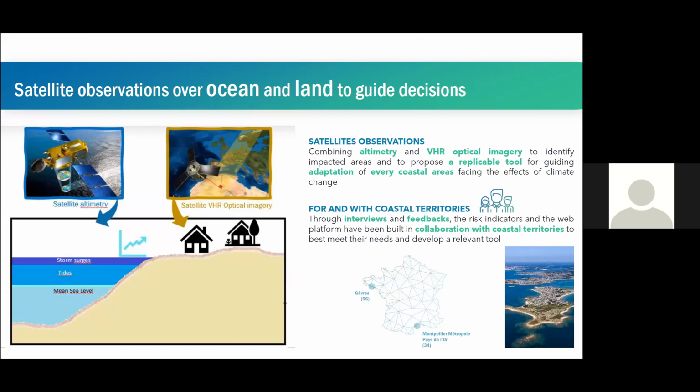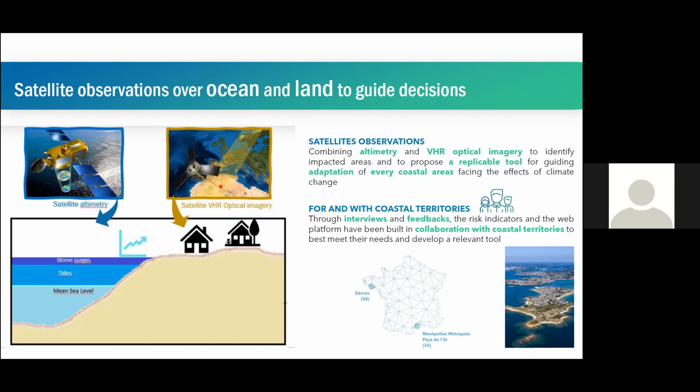So the project Litoscope deals with developing a satellite-based solution to estimate and inform decision makers about the risk of future coastal flooding due to sea level rise and also extreme events on top of this sea level rise. For that, we have combined two families of satellite observation. The first one is altimetry, which has monitored the sea level for the last 30 years.